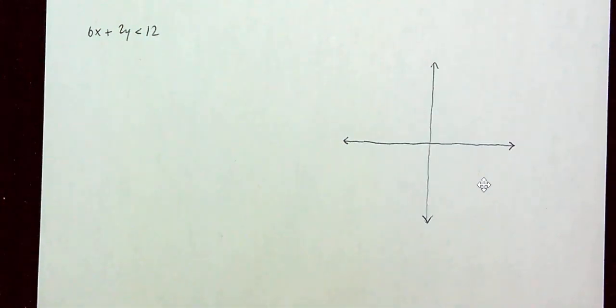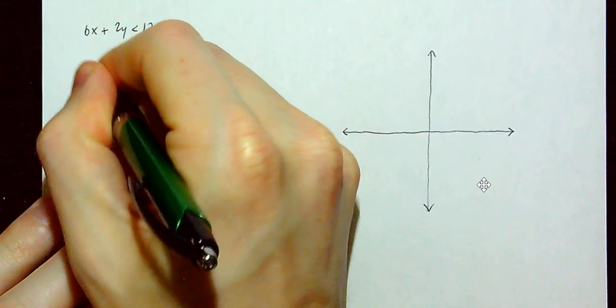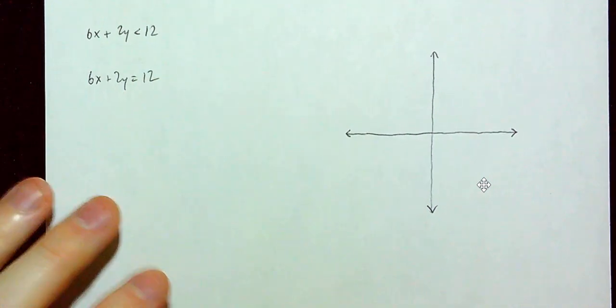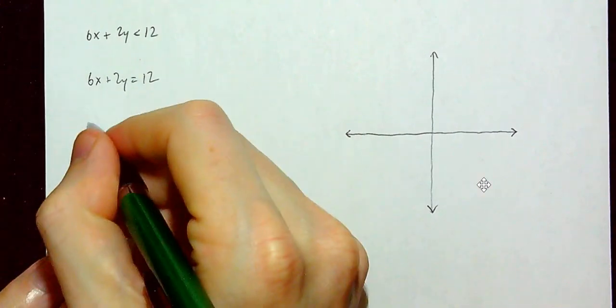and I'm going to really isolate one of the variables and then graph the resulting curve, which in this case will be a line. So I'm going to write 6x plus 2y equals 12. And because I'm going to come up with nicer things, I'm going to solve for y.